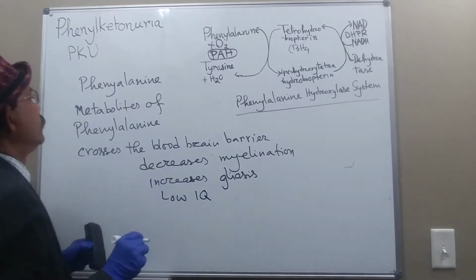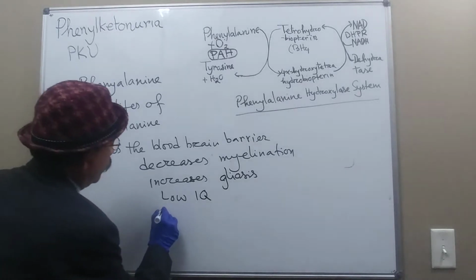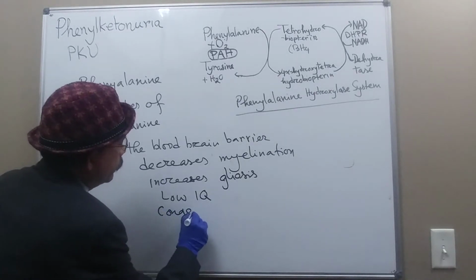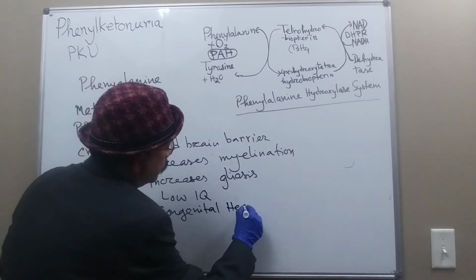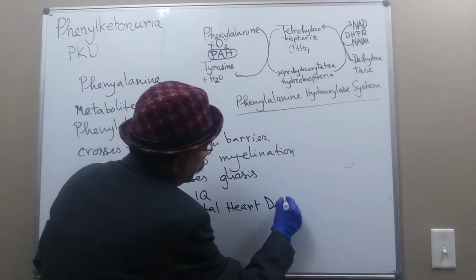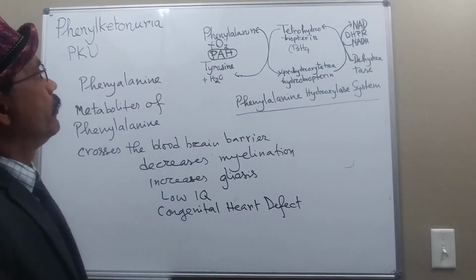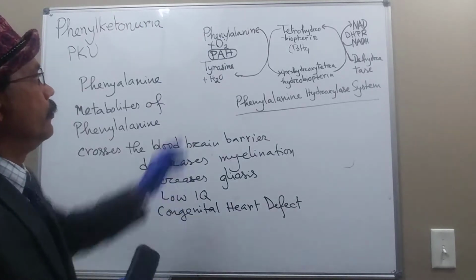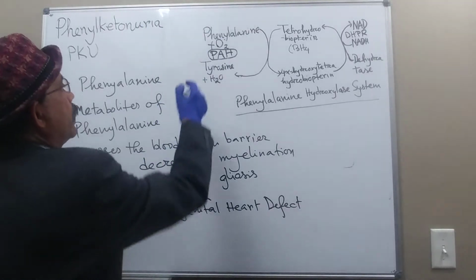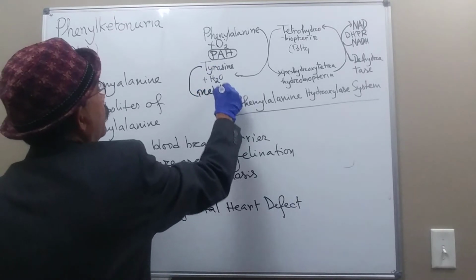Excessive phenylalanine would also be associated with congenital heart defect. And we know that phenylalanine is essential to produce tyrosine, and tyrosine is essential for melanin.